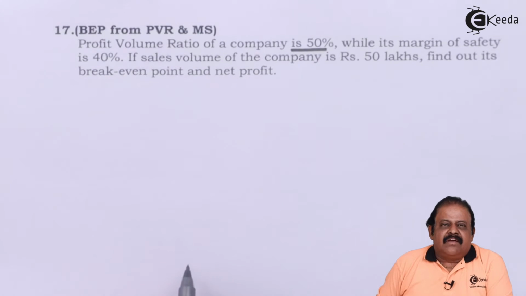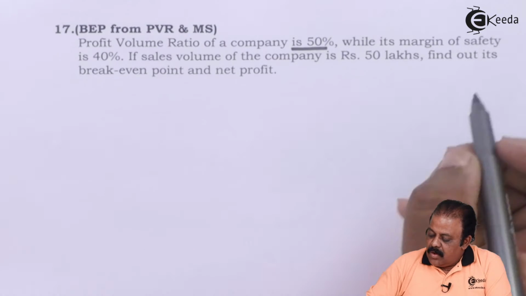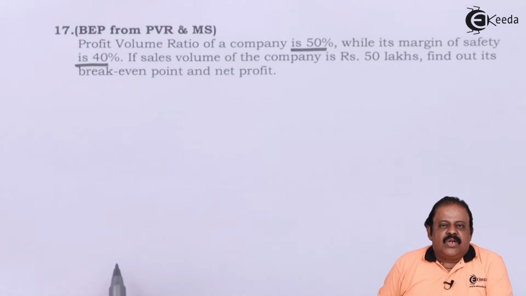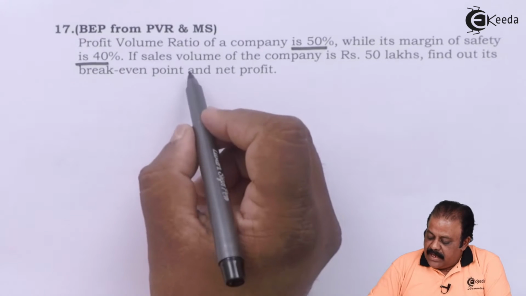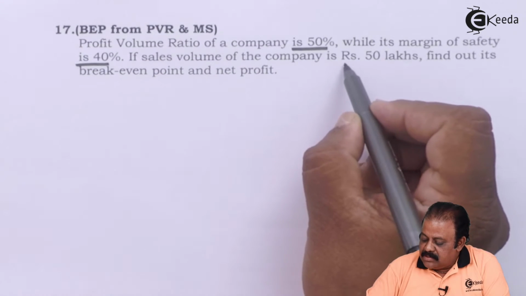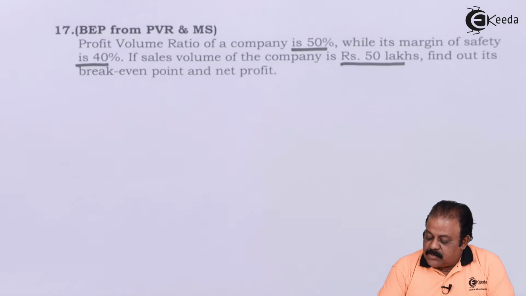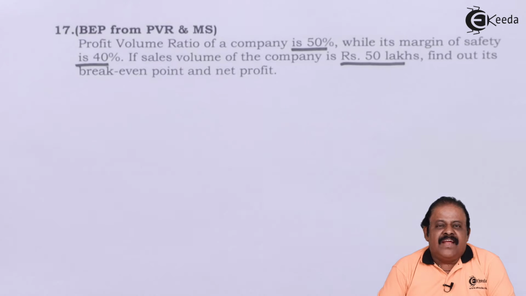So PVR is given in the question 50%, while its margin of safety is 40%. Margin of safety is given 40%. If the sales volume of the company is rupees 50 lakhs, find out its break-even point and net profit.